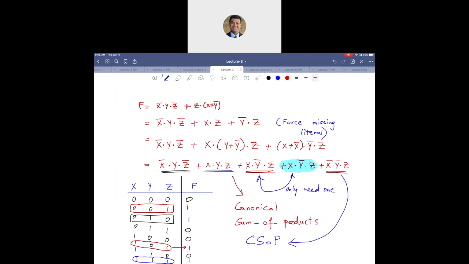All of this. And of course, there will be a canonical products of sum as well. And we'll take a look at all those possibilities in just a bit.